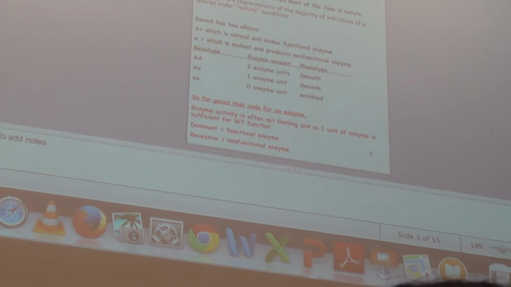When you're big A, little a, this should also be wrinkled. Oh, golly. I'll tell you what, I'm going to make it easier.